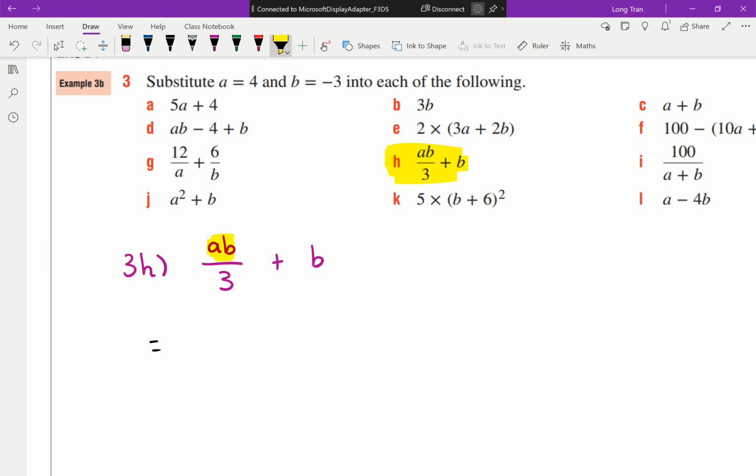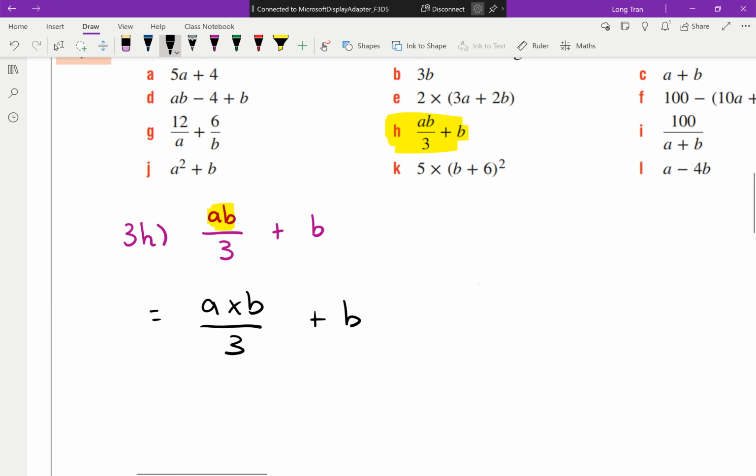What are you doing? A times B, very good. A next to the B means A times the B. Write it out. Don't be lazy with it. If you're lazy with it, you can actually just use the brackets and put in the numbers. That could also cut down your working solution if you want. But that means A times B divided by 3, and then you add B.